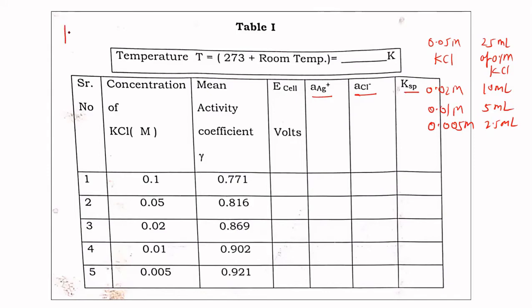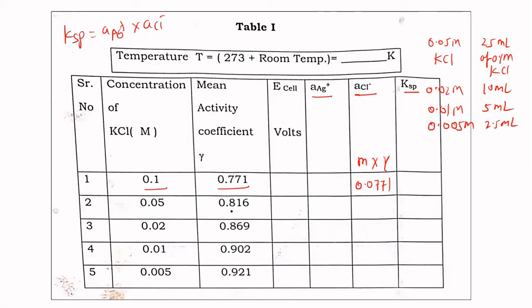In this experiment, solubility product is equal to activity of the silver ion multiplied by activity of the Cl- ion. Now how can we determine the activity of the chloride ion here? Activity of the chloride ion is nothing but molality of KCl multiplied by activity coefficient. It means this 0.1 multiplied by this, so this value we have to take here, that is 0.0771.